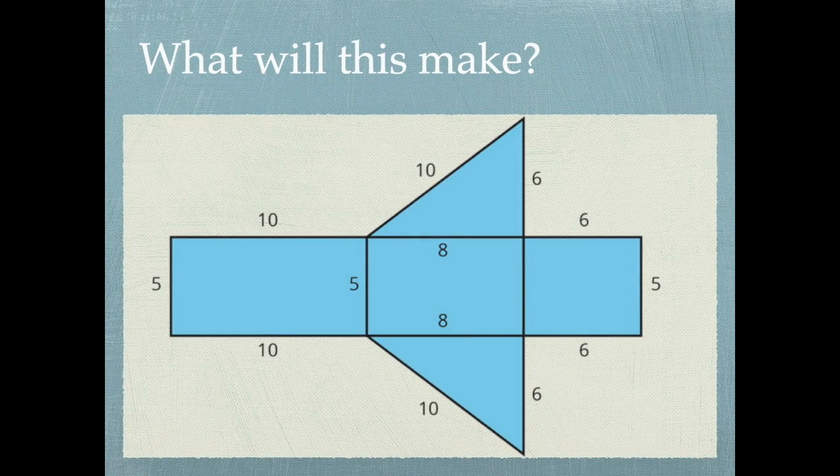Let's take a look at this one here. Let's look at this net. I have to imagine how it folds up. I have to figure out what kind of polyhedron this is going to make.